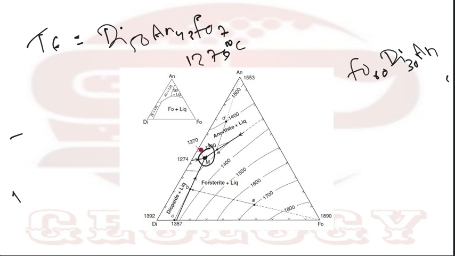Now this point is univariant. So this melting will continue until one phase is completely consumed. So in this case, phosphorite 7 will be consumed? Yes or no?